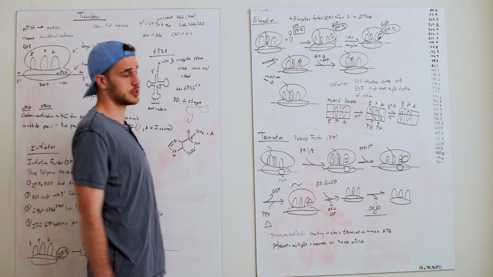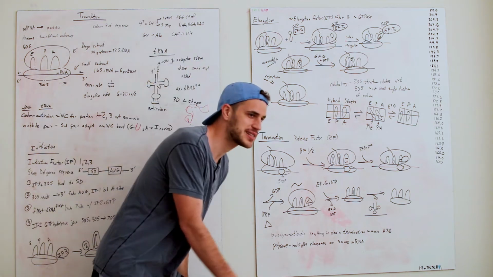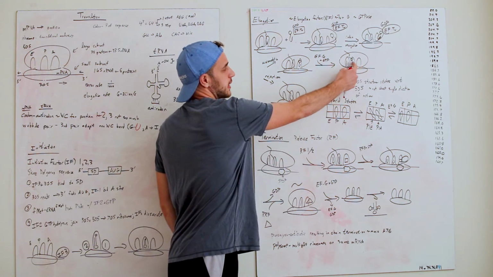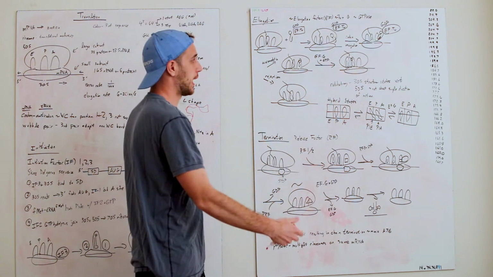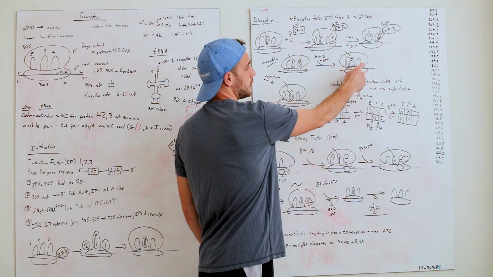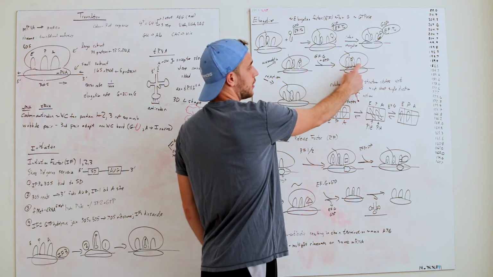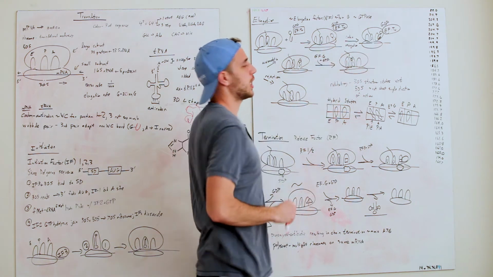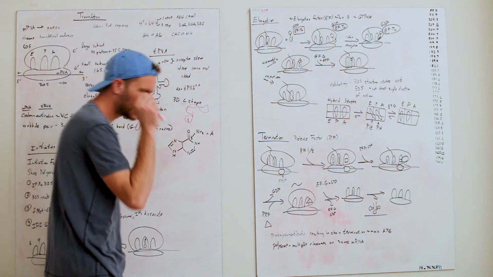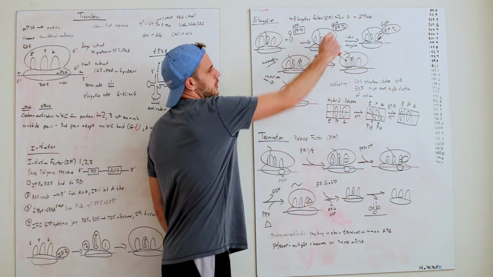Then EFG comes along, hydrolyzes some GTP and moves the A site to the P site and the P site to the A site. And in the process, it adds that amino acid from the A site tRNA to the joint chain. So then it keeps ligating, getting longer and going through this tunnel.